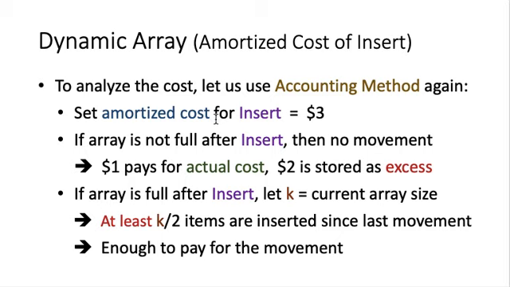If the array is not full, there is no movement: $1 pays for the actual cost, while we can save $2 on the item that is being inserted. On the other hand, if the array is full, then at least k over 2 items have been inserted since the last movement. So in that case, the excess stored along with these items will be enough to pay for the movement. So this part is for insert.